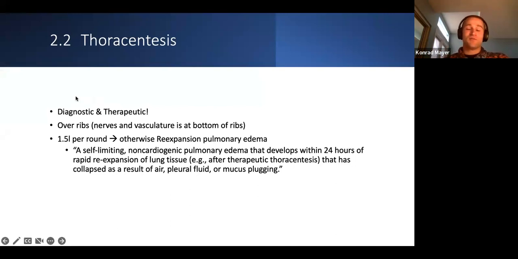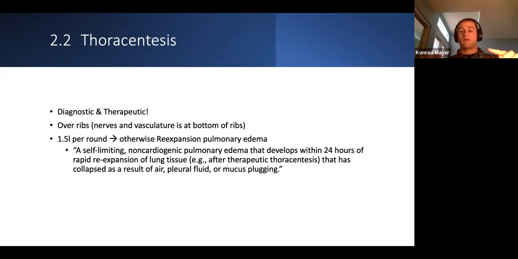A few key things are important about thoracentesis, and I will go into the contraindications in a minute. But a very popular question by attendings, and a very important thing to remember, which you might have learned while learning anatomy, is that the vasculature and the nerves follow the bottom of the ribs.